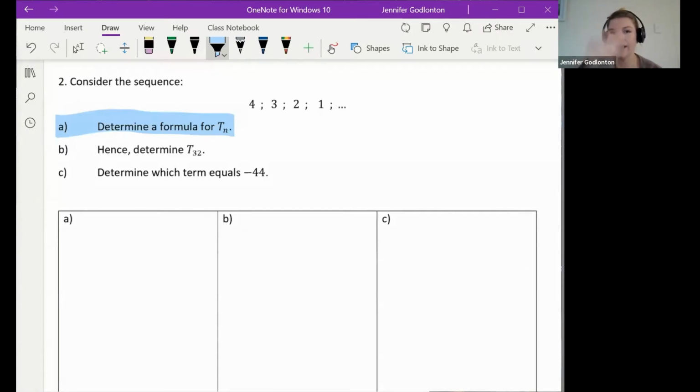So TN is equal to something, something, something. See how it goes, and then I'll go through it with you. Once you have an answer, you're welcome to put it in the chat, and we can go through it from there.